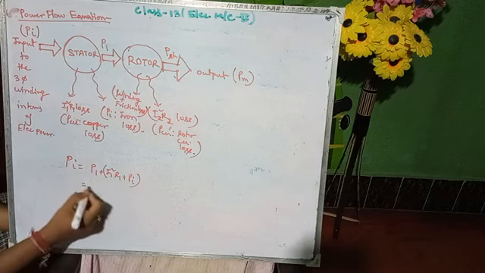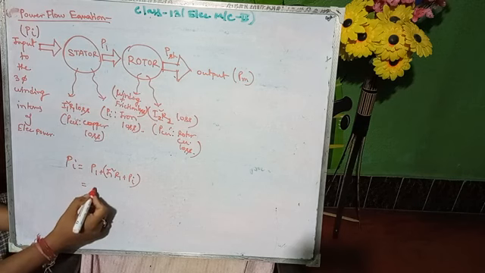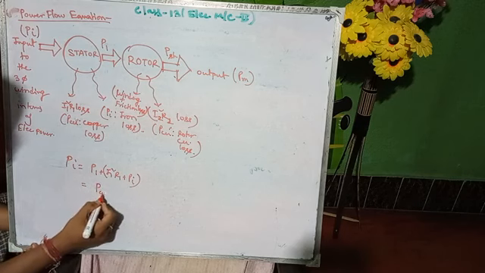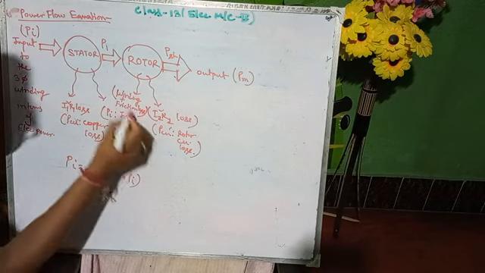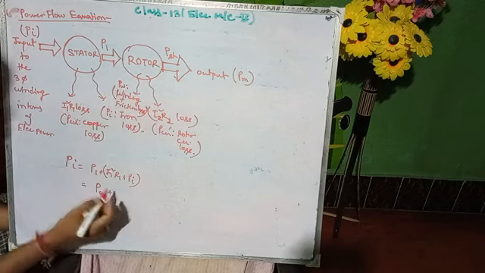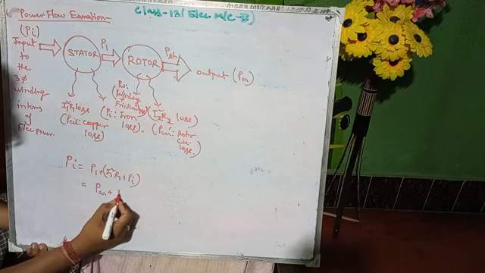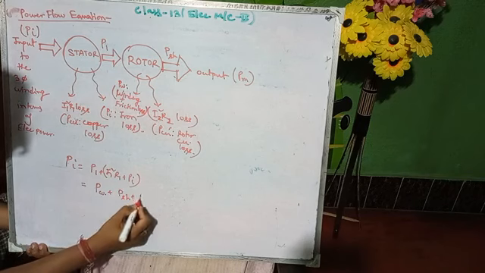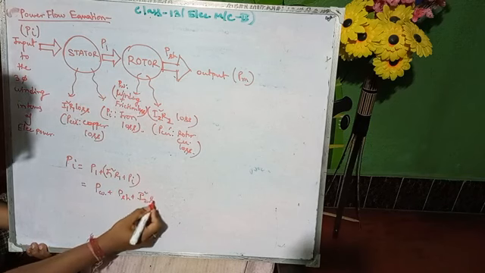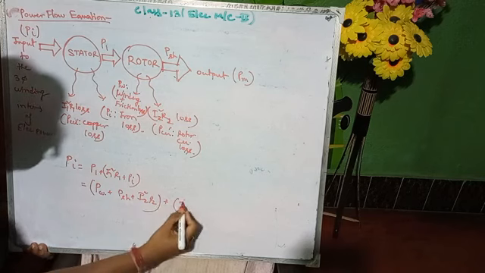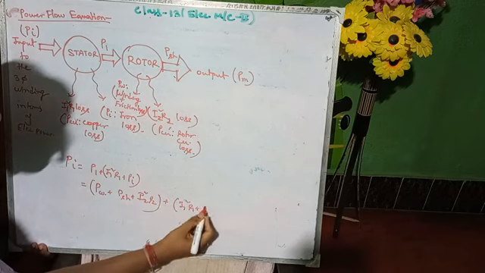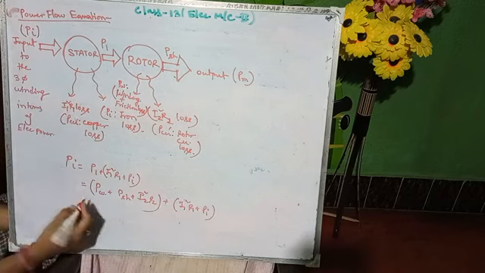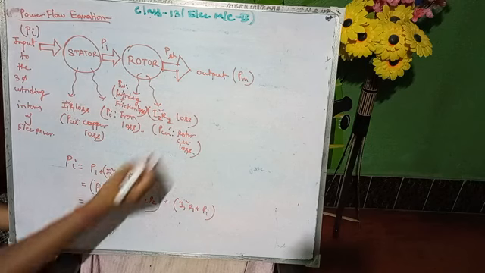Then P1 can again be divided into PW, the winding plus friction loss, so PW plus PSH plus I2 square R2 plus I1 square R1 plus PI. Finally, PSH equals PM.